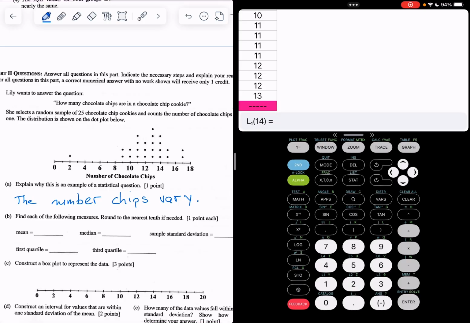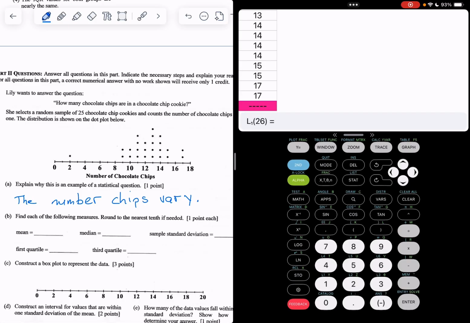There are 4 14s. There are 2 15s. And there are 2 17s, a 17 and a 17. Okay, so we have all the data in.